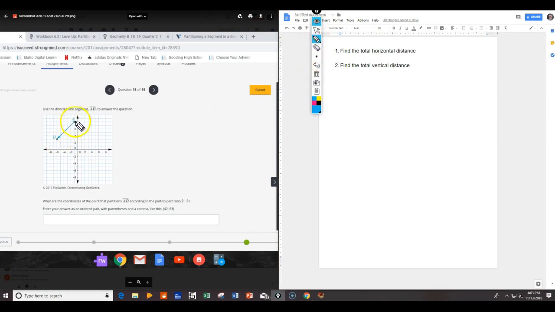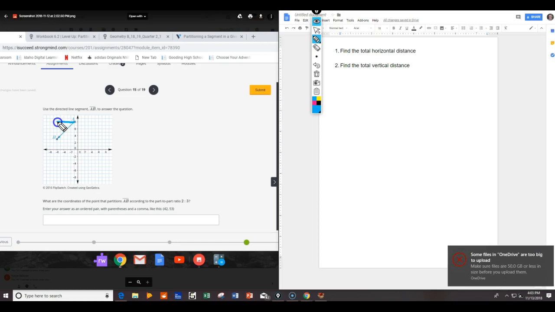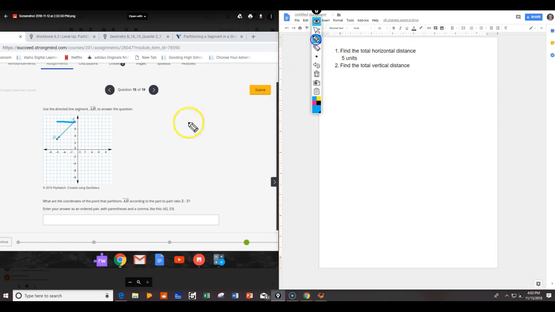If we were to count from A to B horizontally, it'd be 1, 2, 3, 4, 5, so it'd be 5 units. The vertical distance is 1, 2, 3, 4, 5 units as well. So 5 units.